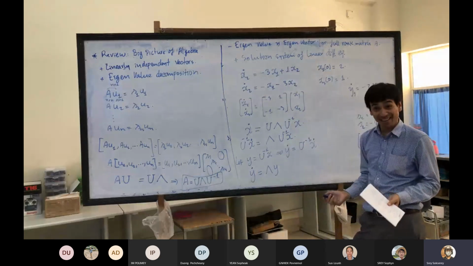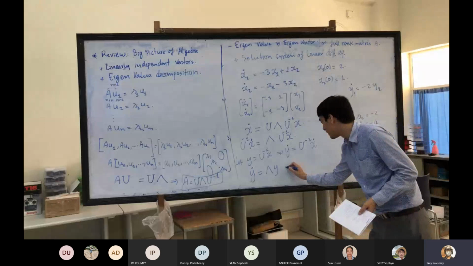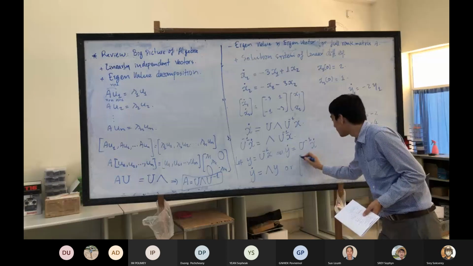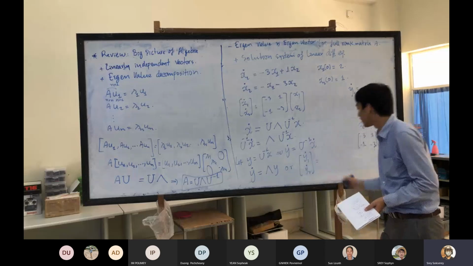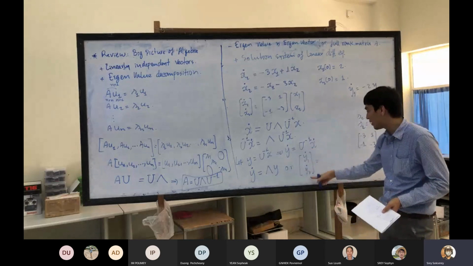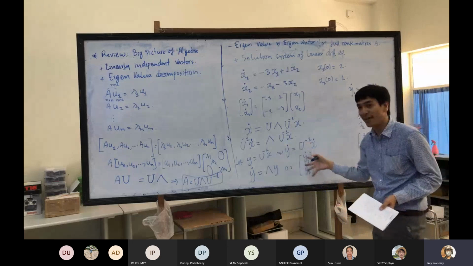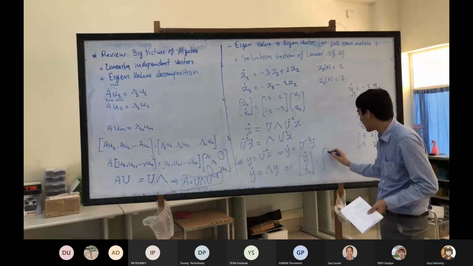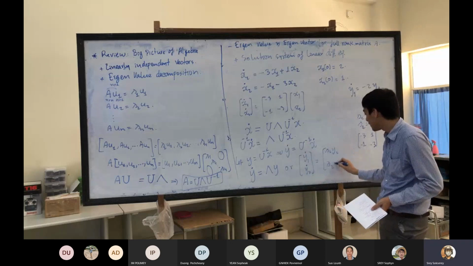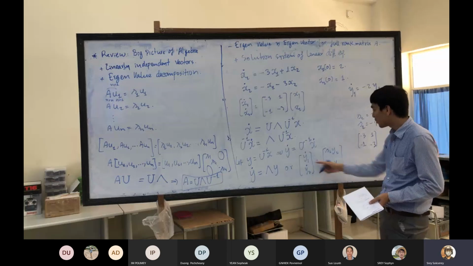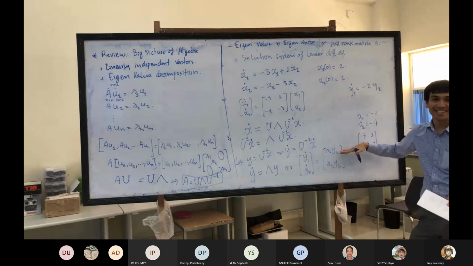Because lambda is diagonal, what happened? y1 dot, y2 dot. When you multiply, you only have lambda 1 y1, lambda 2 y2. So can you solve this easily?